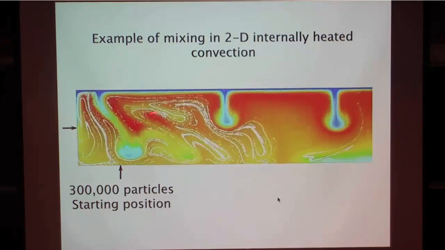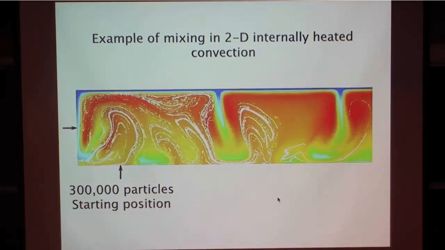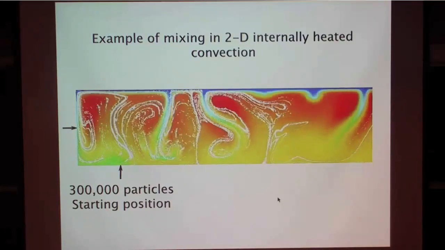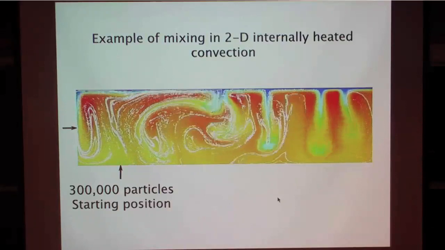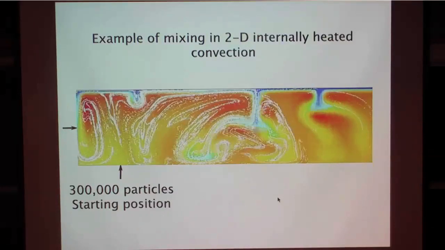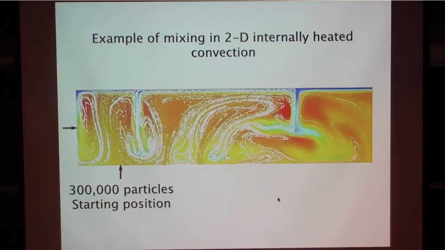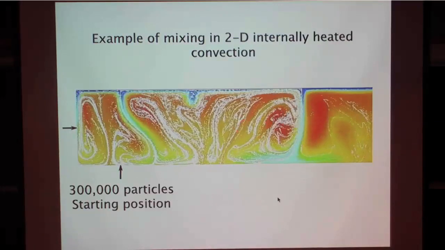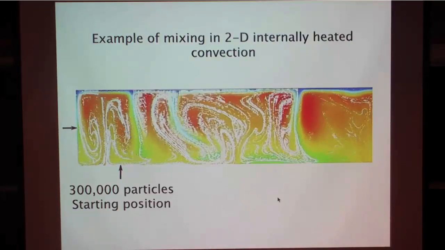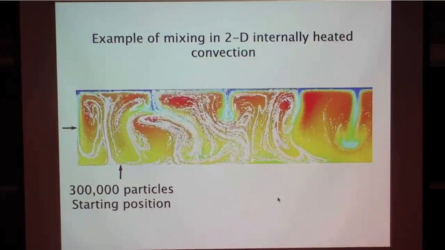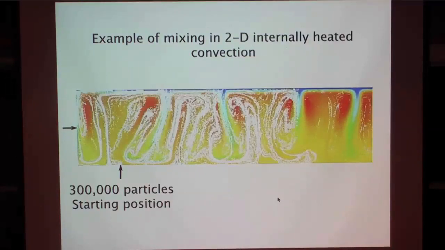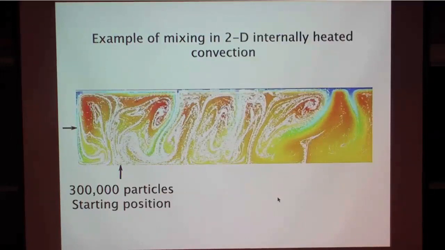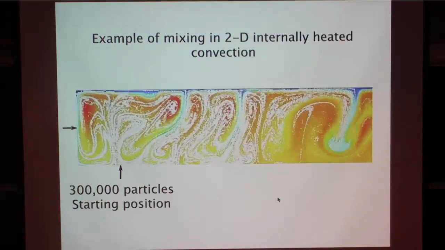They could go around the center of this for quite a while without really changing, but anytime they get near one of these stagnation points where there is basically exponential stretching, they are stretched, and that's where most of the mixing action is happening. So heterogeneity can be preserved in the interior of a convection cell as long as it doesn't get to a place where there's this kind of stretching. But once it does, then there is lots of stretching, and that's where most of the mixing happens.